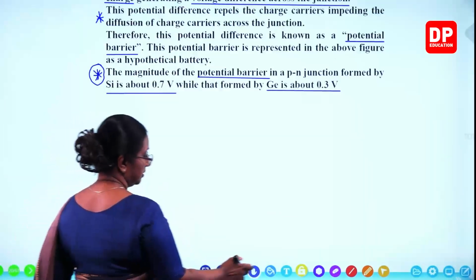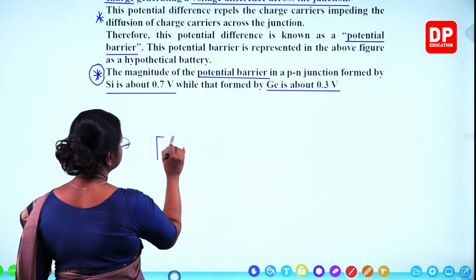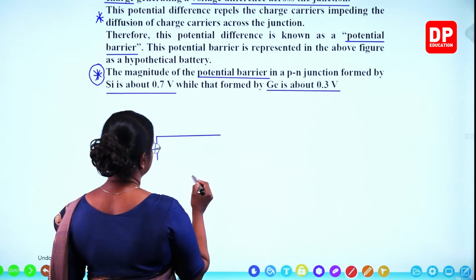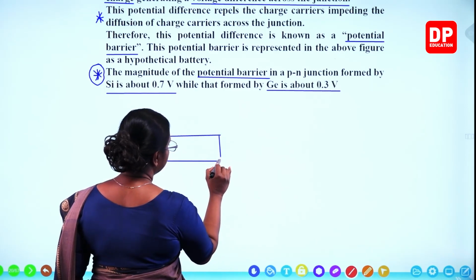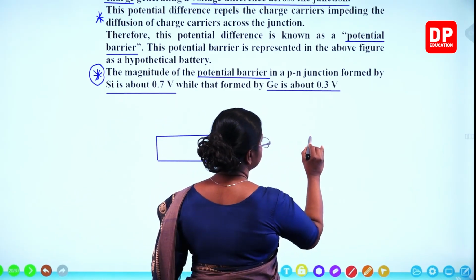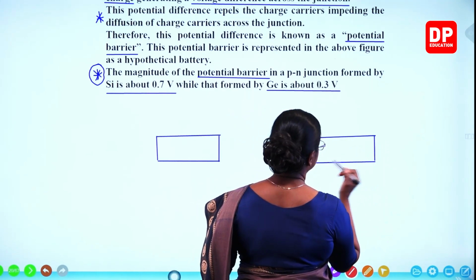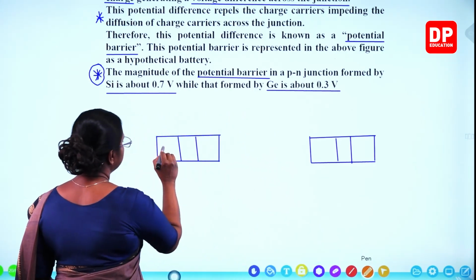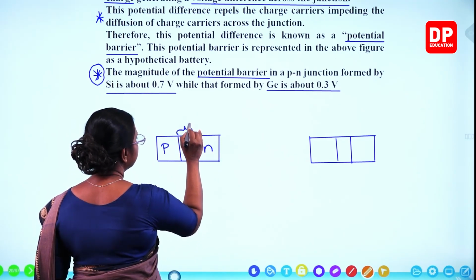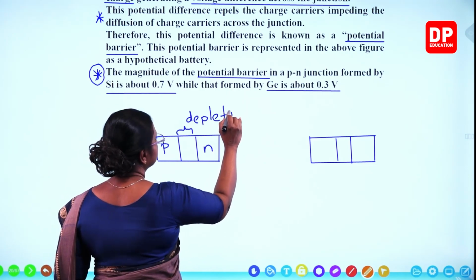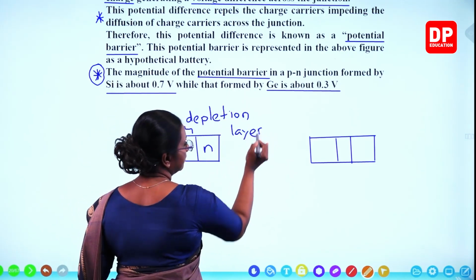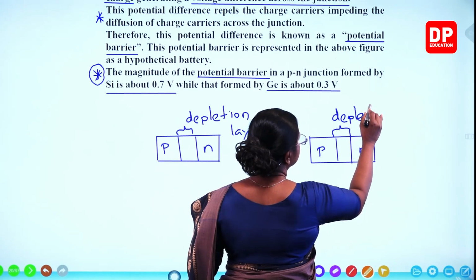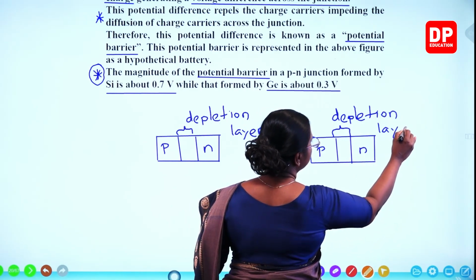Now here, again if we take two semiconductors, here if we consider a PN junction, so this is P, this is N, this is the depletion layer, and here also this is P, this is N, this is the depletion layer. Depletion layer or the potential barrier.